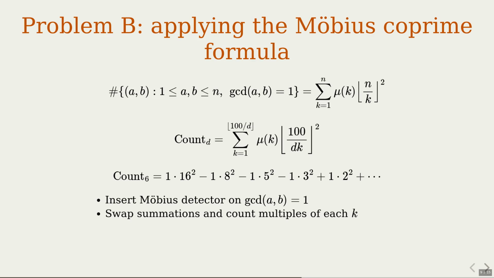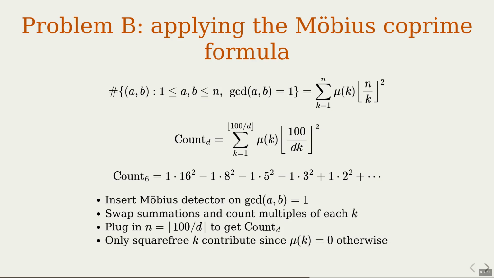Then we swap the order of summation and just count how many a and b are multiples of a given k using floor functions. Specializing n to the side length of our scaled grid then gives the desired count d formula. In computations, it helps to remember that only square-free k matter, because mu of k is 0 when k has a squared prime factor.